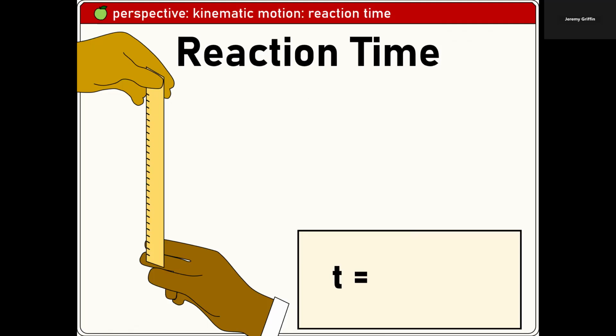So go ahead, take a trek around the room. Who's solving reaction time? All right. Lily got it. Chloe got it. Justin got it. Okay, you got it.